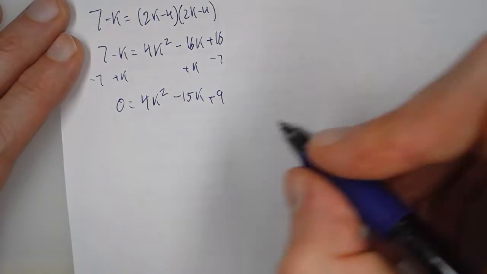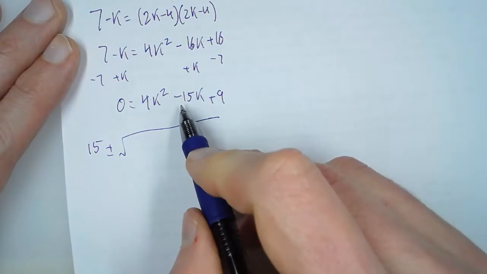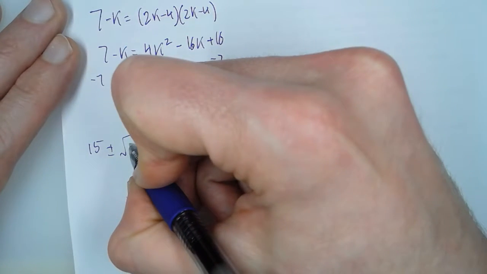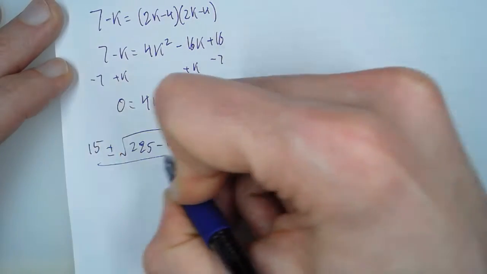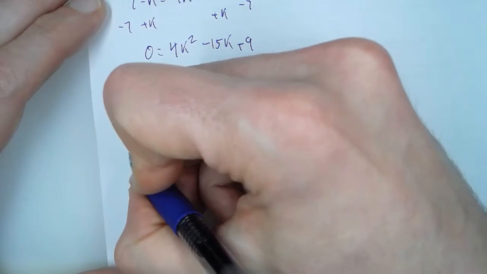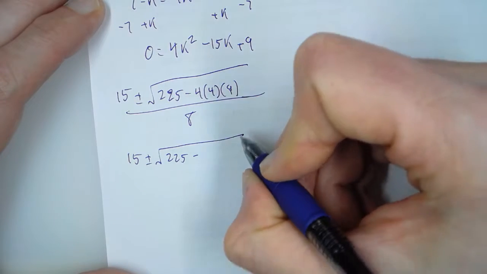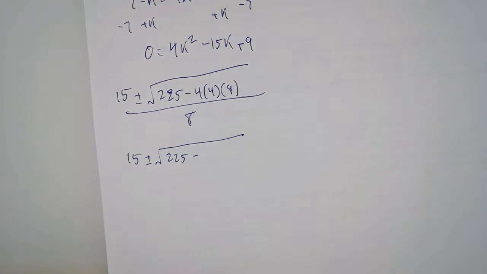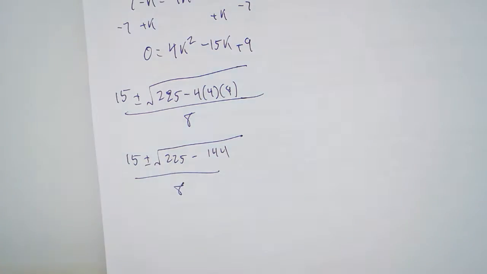Now at this point, for most problems like this, we're just going to go right ahead and use the quadratic formula. So negative b, which is 15, plus or minus the square root of b squared, which is 225, minus 4a, a is 4, c, which is 9, all over 2a, which is 8. So 15 plus or minus the square root of 225 minus 4 times 4 times 9. Let's see what that is. 4 times 4 times 9 is 144, all over 8.